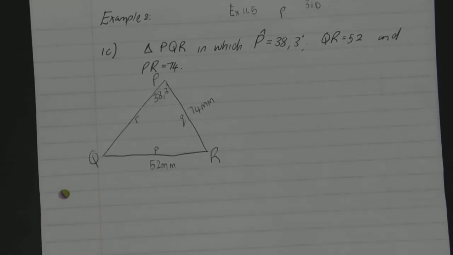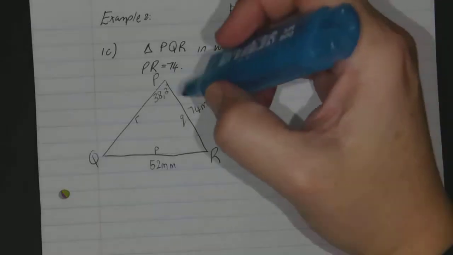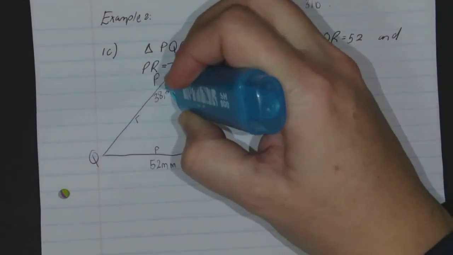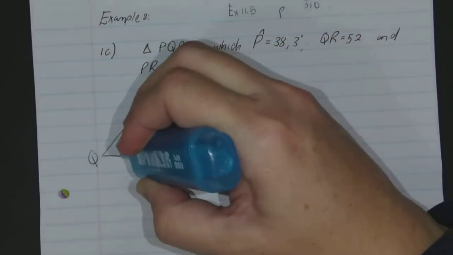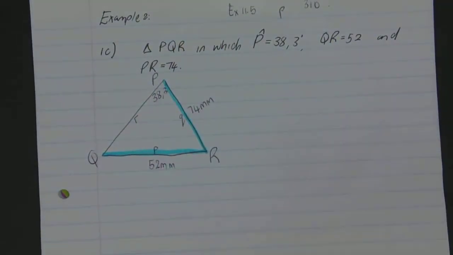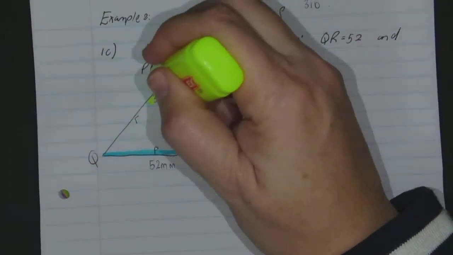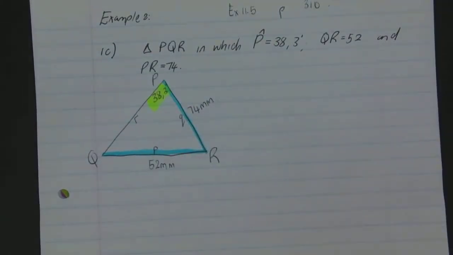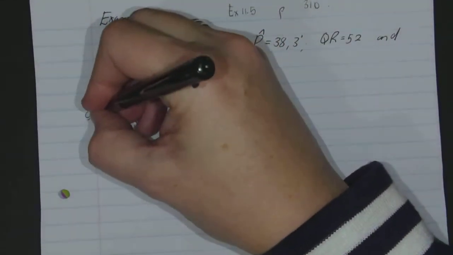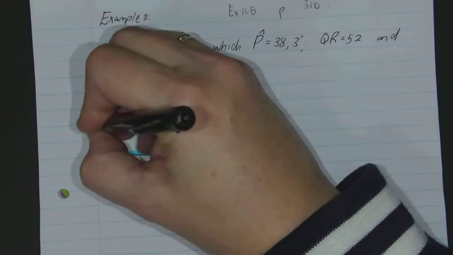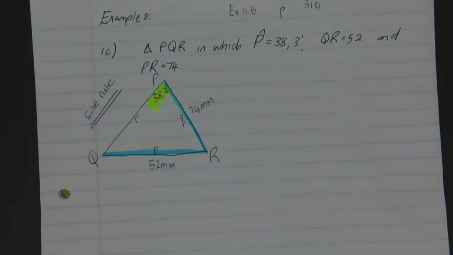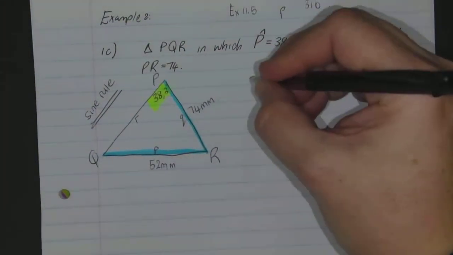Now I can't use sine, cos, or tan because I don't have a 90 degrees. But what I do have is two sides with an angle that is not included, and the moment I can highlight those, I know I can do the sine rule. So what does the sine rule say?